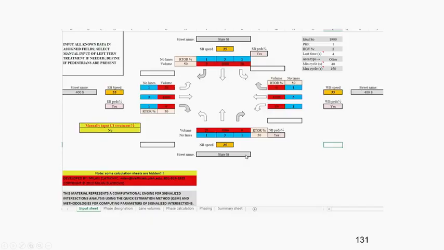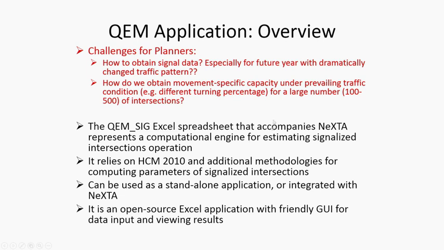I'm just going through this Excel spreadsheet very quickly. More detail is provided by his paper and Excel package. You have the input interface. You can input for the standard intersection, southbound, northbound. You can specify the speed limit, volume, number of lanes, and by inputting this data, you can quickly get the movement specific capacity.